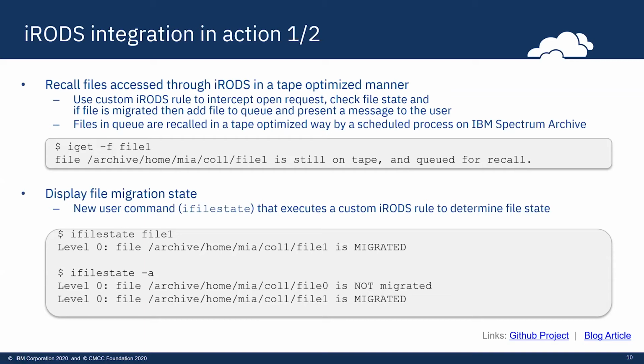Okay, so with this, the user really has the capability to see whether the file is migrated or not, and he can act on that, right? He sees the file is migrated, well, I need it. I may have to wait a couple of hours, but then he does the iGet, and sees the message, the file is being queued for recall. Now, lunchtime, let's go have a coffee or something, and after lunch, the file is back, okay?